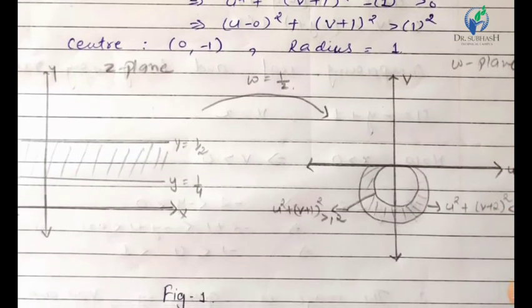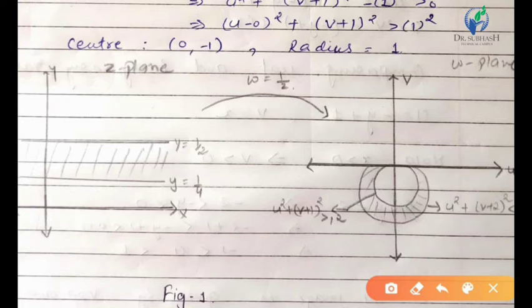Now we have already obtained the two images, that is, both are circles for the given infinite strip. Our infinite strip was 1 by 4 less than y less than 1 by 2. That was our infinite strip given to us.